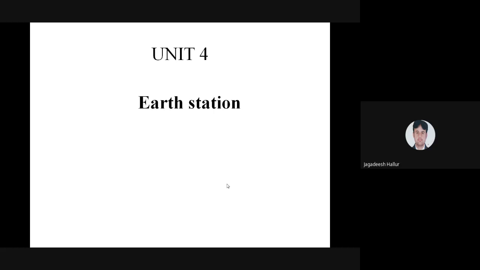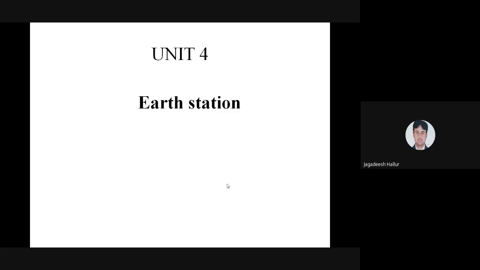After integration, the satellite is launched from the Earth Station to space, to revolve around the Earth, Moon, or the Sun. So the Earth Station is very important for the satellite system. This is the basic definition of Earth Station.